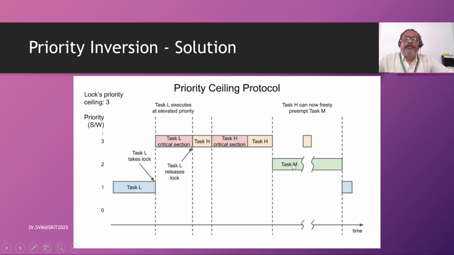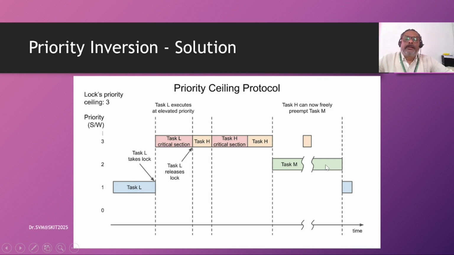And task M may be given some chance for some time, because both of them are not using any shared resources, and hence there won't be any priority inversion problems. Therefore this can be taken up.